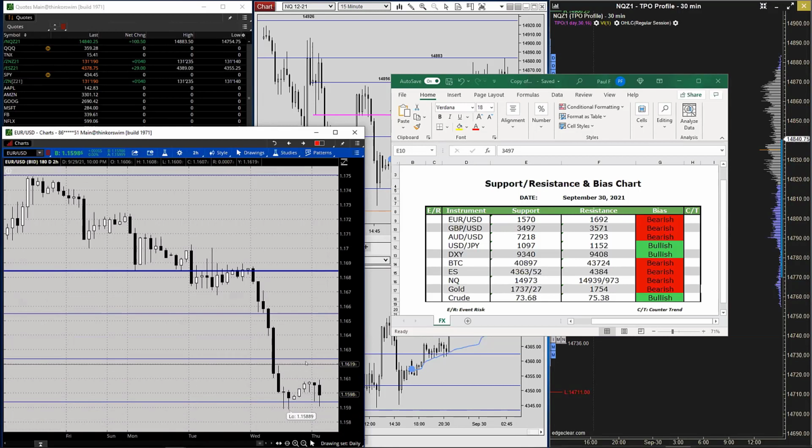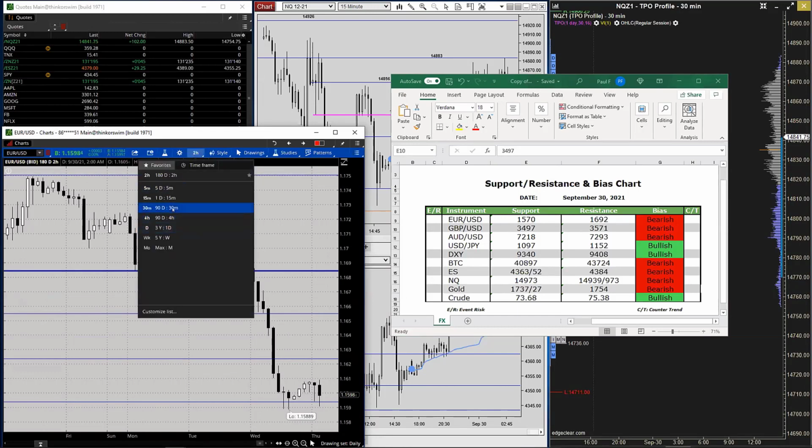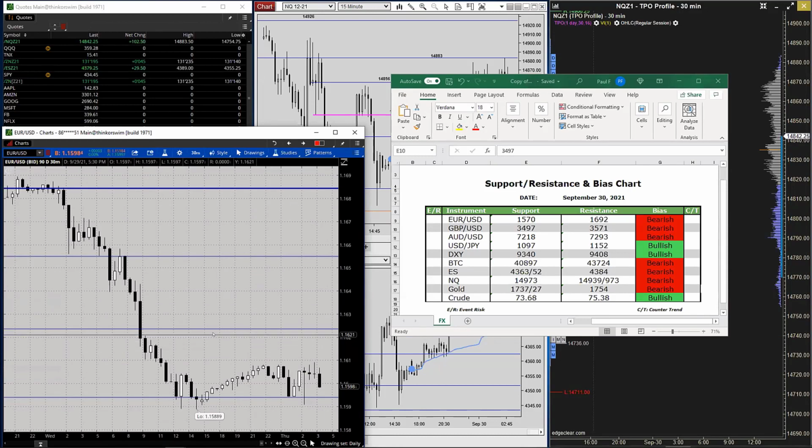And look on a 2-hour chart. It'd be 1639 for resistance.